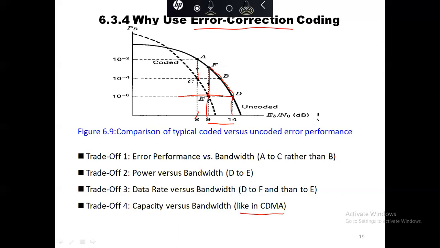I give you an example of CDMA. By increasing the code division multiple access, because in this we are using orthogonal codes for transmission, and orthogonal codes increase the capacity tremendously at the cost of higher bandwidth. In fact, we are using the code diversity as well.